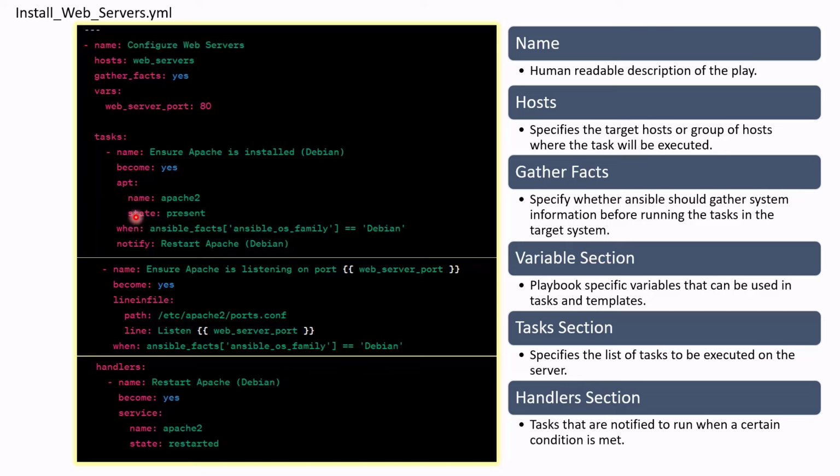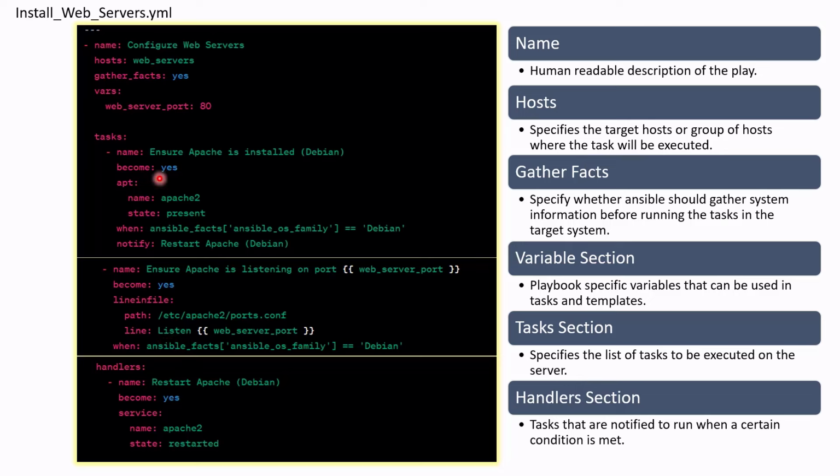Here you can see we have defined the task, and we have also defined a condition that if Ansible OS family is equal to Debian, then only this task should run. Once the task is completed, it should notify to restart Apache. What is restart Apache? It is one of the handlers.